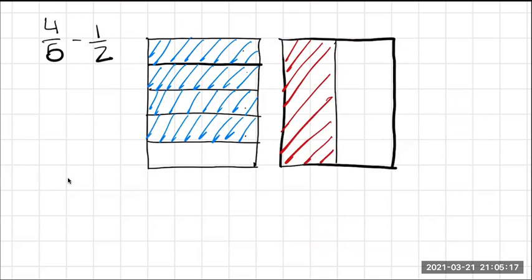Okay, so we want to decompose as our next step. We decompose our 5ths in half, and we want to decompose our halves into 5ths.